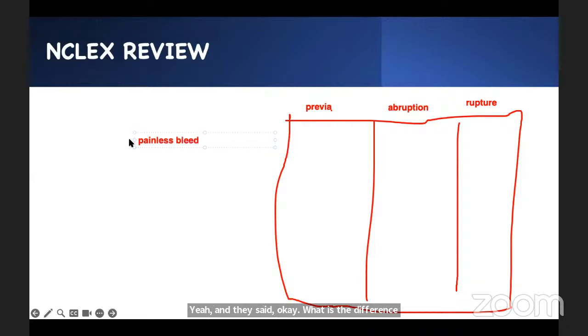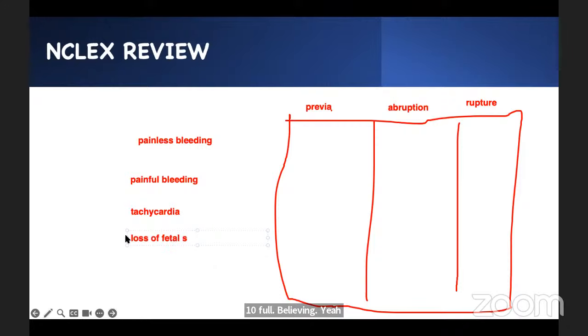Painless bleeding, painful bleeding, tachycardia, loss of fetal station, fetal bradycardia, fetal death, right?